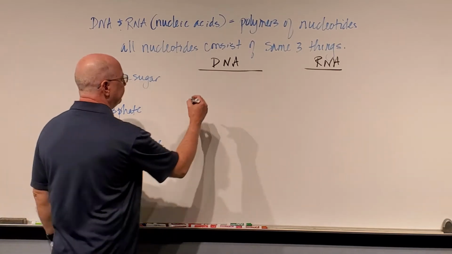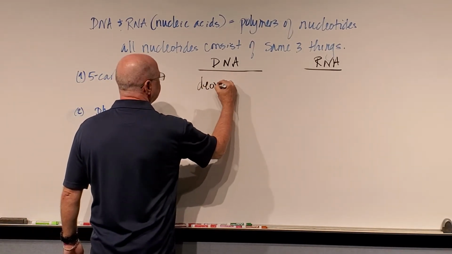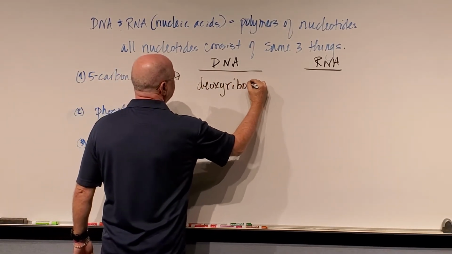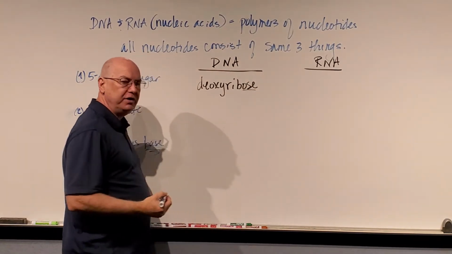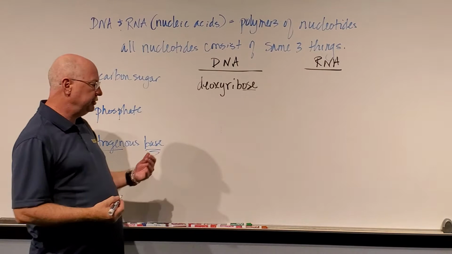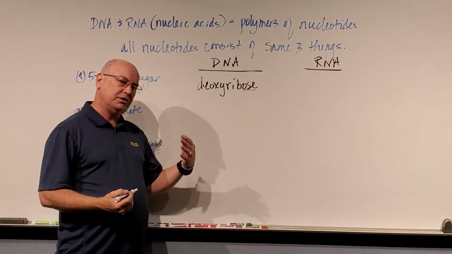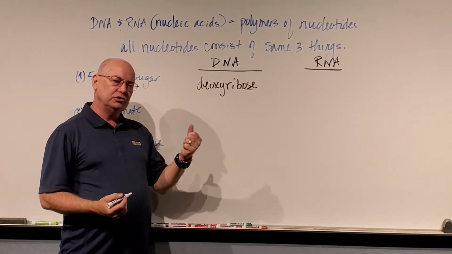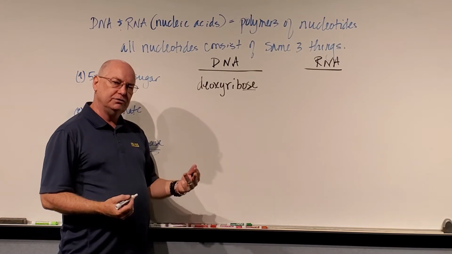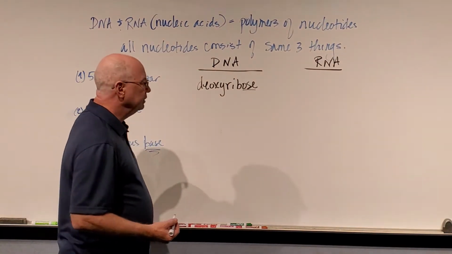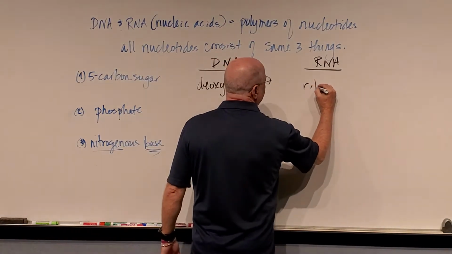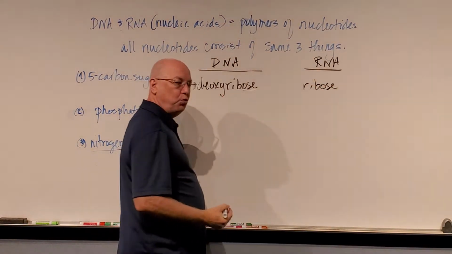In DNA, the 5-carbon sugar is called deoxyribose. You should learn after a while that anytime you see OSE at the end of a word in chemistry or biochemistry, we're usually talking about a sugar. Glucose, fructose, galactose, lactose, mannose, anything ose. The 5-carbon sugar found in RNA is called ribose.